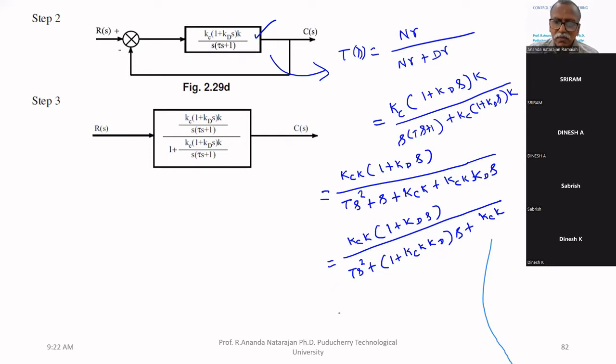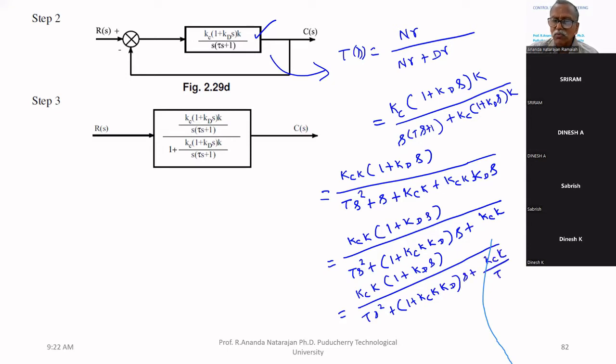If you divide this by tau, what will you get? KcK(1 + KD S) upon tau S square plus 1 plus KcK KD S plus KcK by tau. Sorry, this is divided by tau. This is also divided by tau.